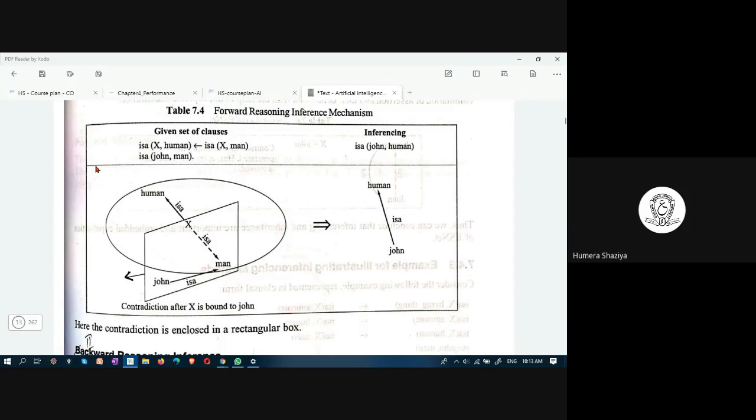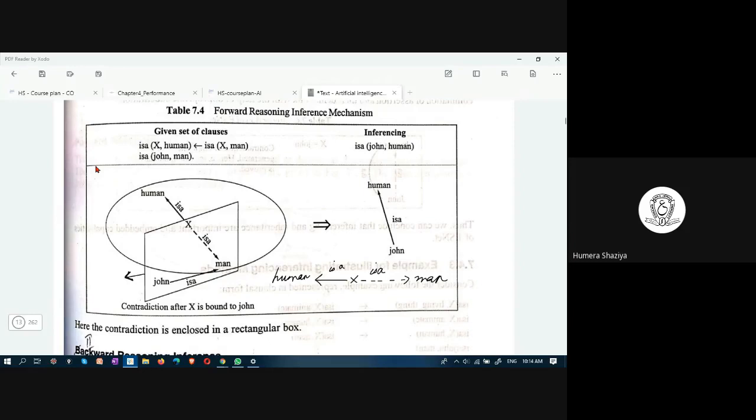How do you represent contradiction? We learned that when there is a contradiction, we write in this manner: one dotted line, another one solid line. X is a human. X is a man. This is the contradiction.